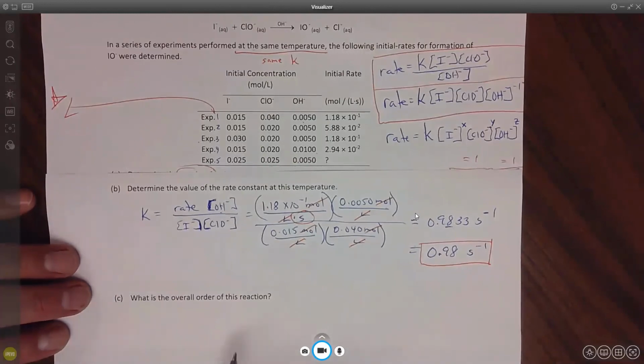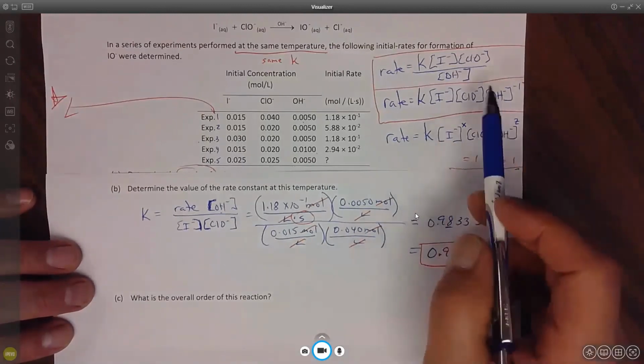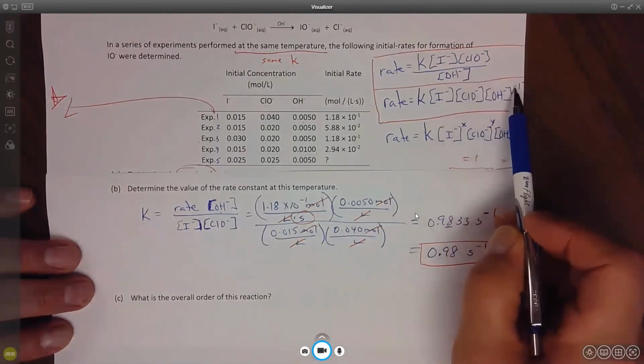Okay, the next part asks, what's the overall order of this reaction? For that one, wouldn't you just add the values that we got? So wouldn't it just be 1 + 1 - 1? Exactly right. All we're going to do is add these coefficients.